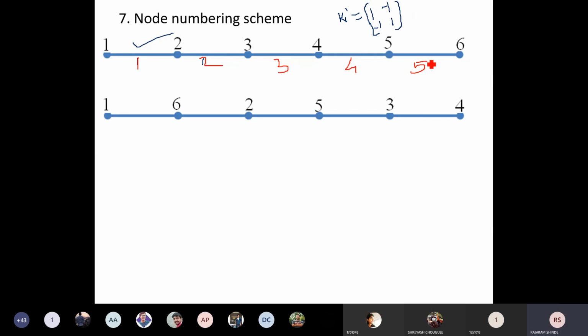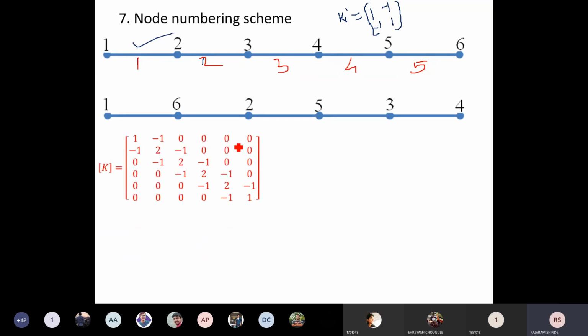Now 6 by 6 stiffness matrix. Now in this case you will get the stiffness matrix, and if I use [1 -1; -1 1] as a common stiffness matrix for all elements, then you will get this stiffness matrix for the first case. Am I right? You see this one, is it for the first case?